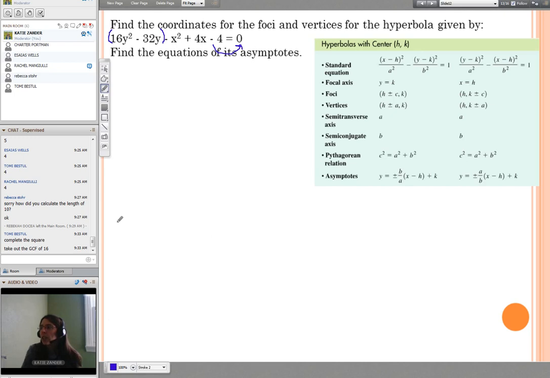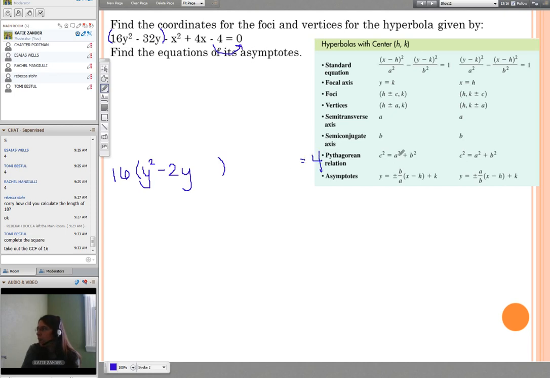We have to take out the GCF of 16, because we need that y squared to have a 1 as its coefficient. If I take out the 16, that's going to leave a y squared minus 2y there.